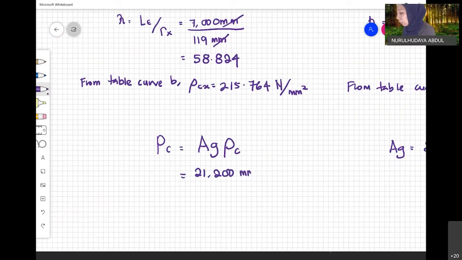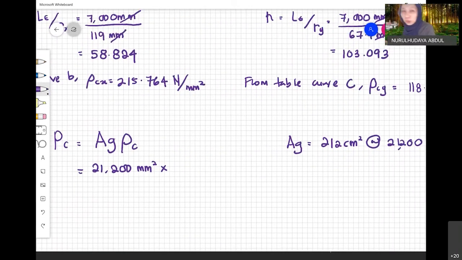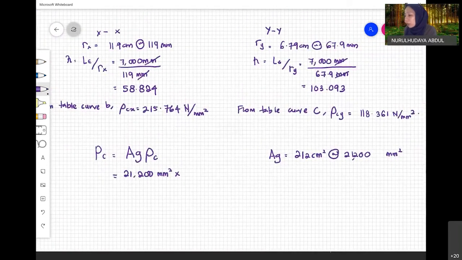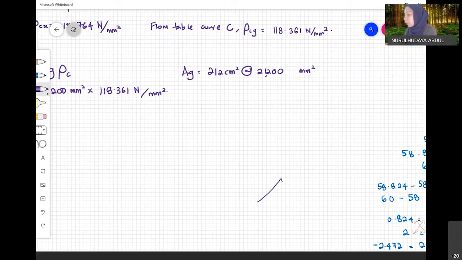21,200 mm square. Here, you don't know which PC to use, as there are two. We select the lower value. Compare PCX with PCY. You will see PCY has a lower value, which is 118.361, so you take 118.361 to put here. Why use the lower value? Because your column stands upright like this.